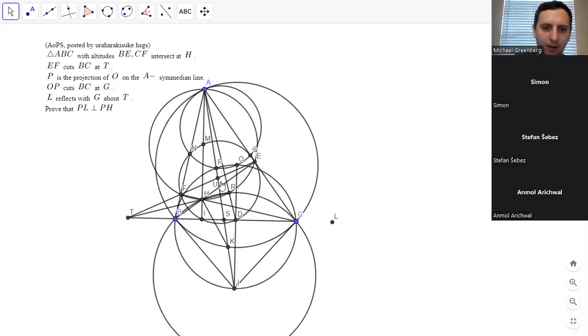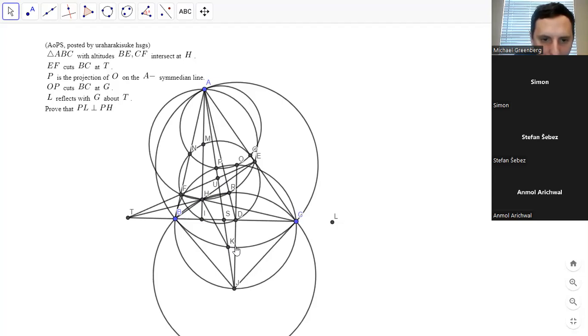So I think that would solve the problem. Because AM times AI is AH times AI over 2, and AP times AU is AK times AU over 2. So then we want to show UHIK is cyclic.